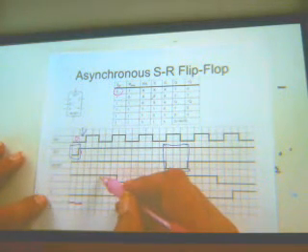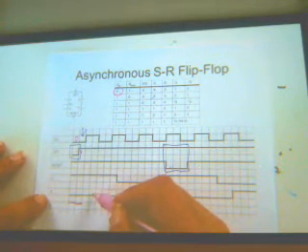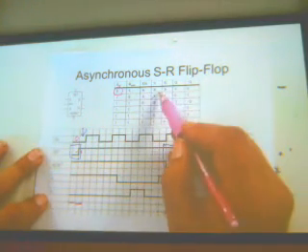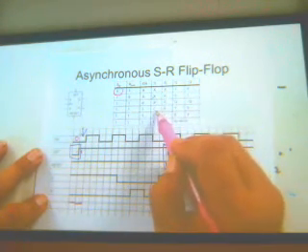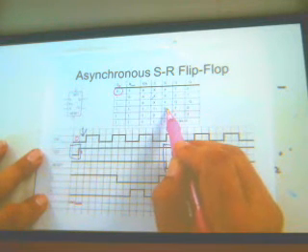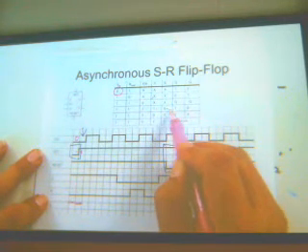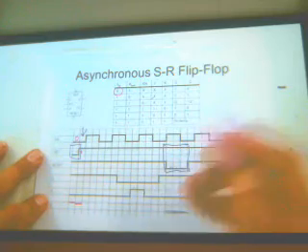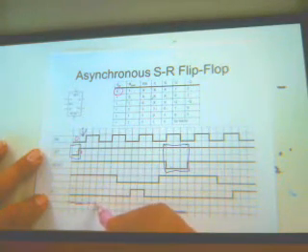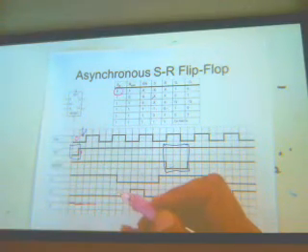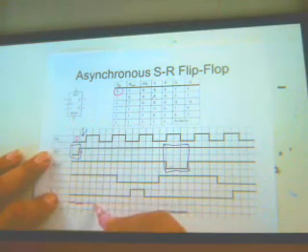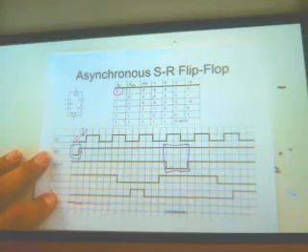S is set, R is unset, right? So according to our truth table, S is 1, R is 0, right? So Q should be 1, right? Okay. No change here. Now enable goes to 0. That's not going to change the state. In fact, that's going to prevent us from changing the state. So far, so good?